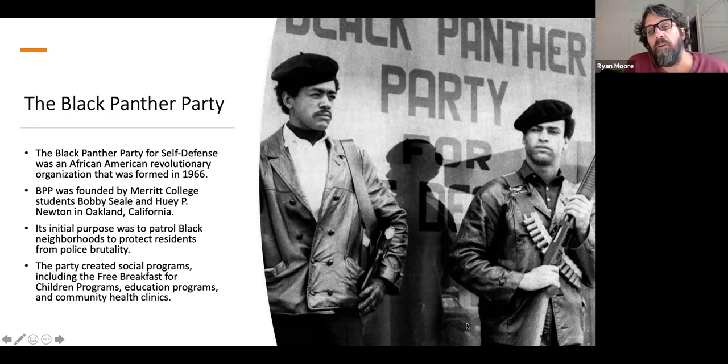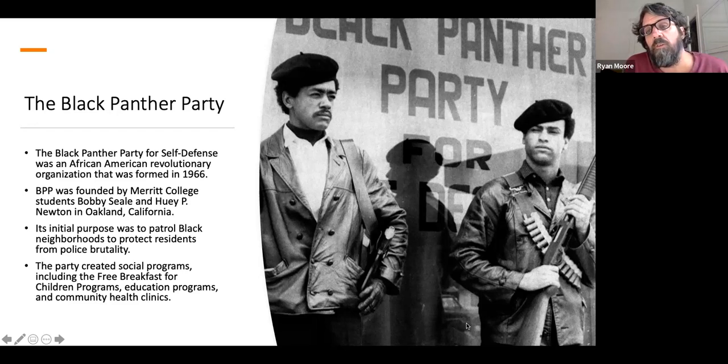Eventually, the party would quickly expand as the late 60s went on. And as they expanded, they also expanded the social programs and various things that they would do in the community. So this included things like free breakfast for children. It included all kinds of different educational programs.